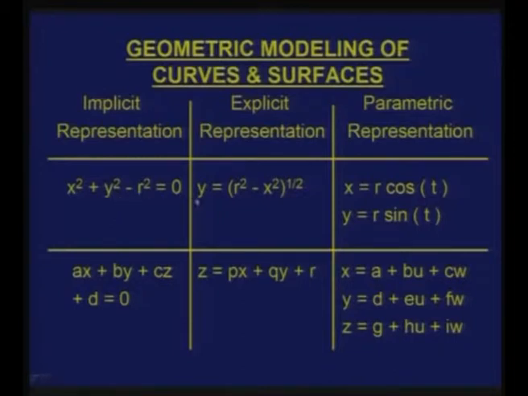Or I can have an explicit representation where you model a curve as y equal to a function of x. So, the same circle can also be represented in an explicit representation, which is shown here. Then you are also familiar with the parametric representation of a circle in terms of r cos t and r sin t, where t is the parameter which varies for a curve.